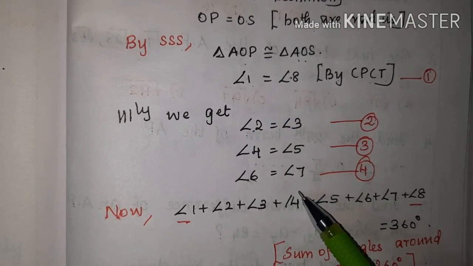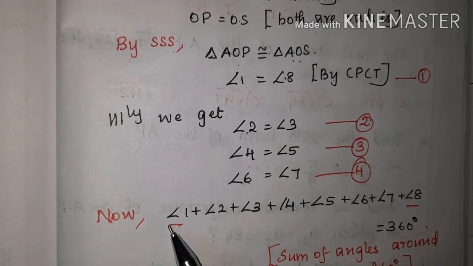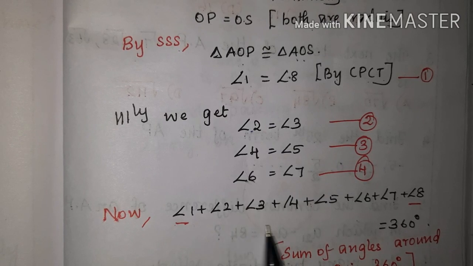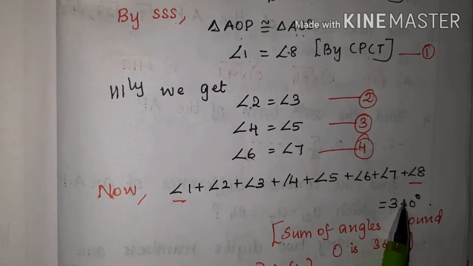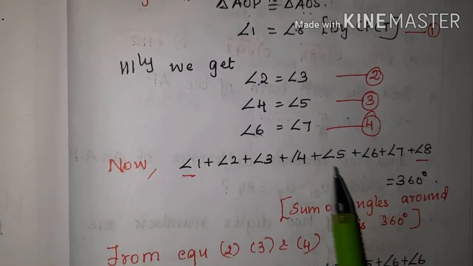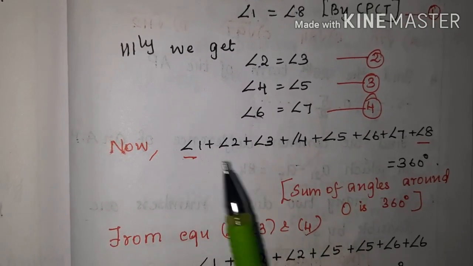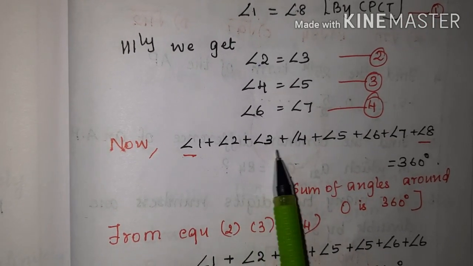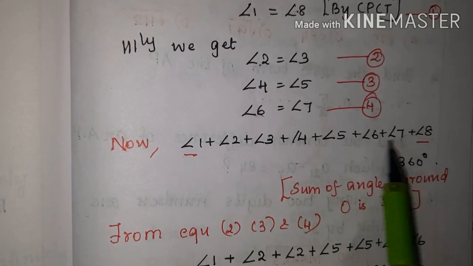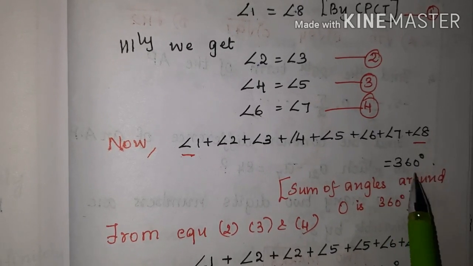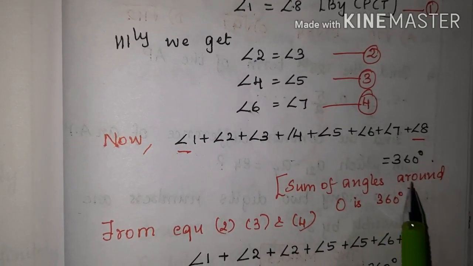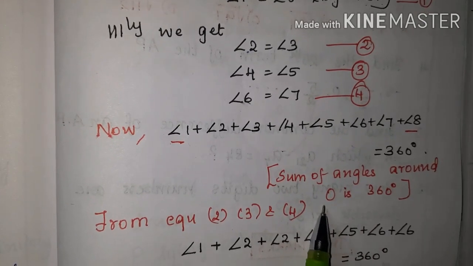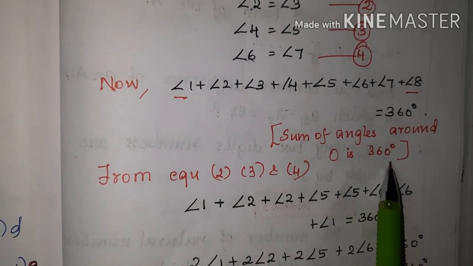So you get all the equal angles here. Now you are going to add all the angles together, which is equal to a complete angle, that is 360 degrees. So when you add all the angles together, angle 1 plus 2 plus 3 plus 4, 5, 6, 7, 8 angles equal 360 degrees. That is the sum of angles around O. O is the center, 360 degrees.